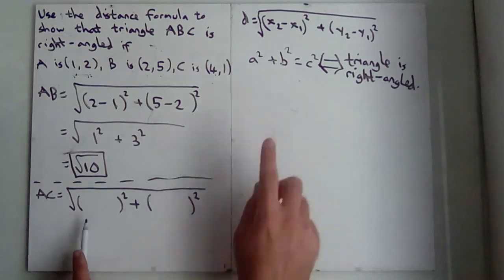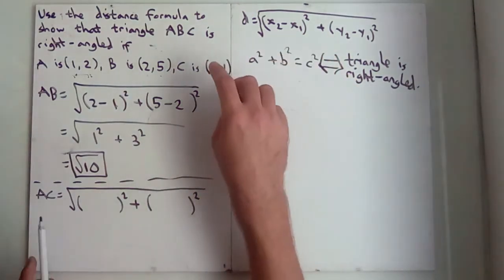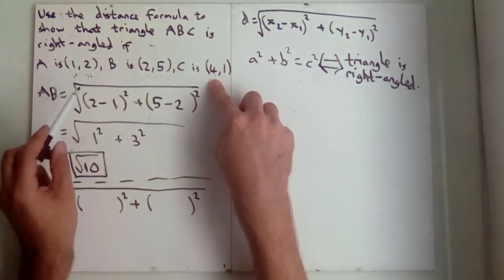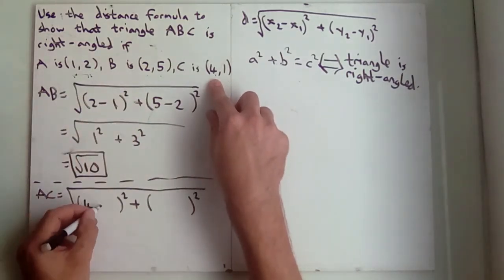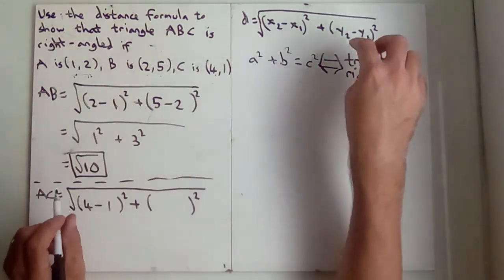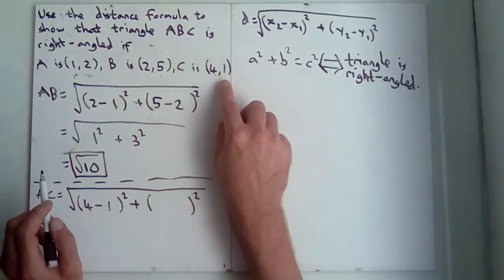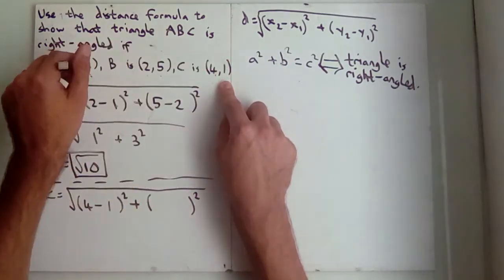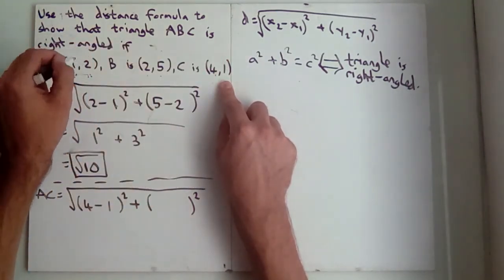So your x2 minus x1 in the formula will be this 4 from C minus the 1 from A. So 4 minus 1. Now for the y's, y2 minus y1, I'm going to use the y coordinate of C. Remember y2, the y coordinate of the second point. So 1 minus the y coordinate of A, which is 2.